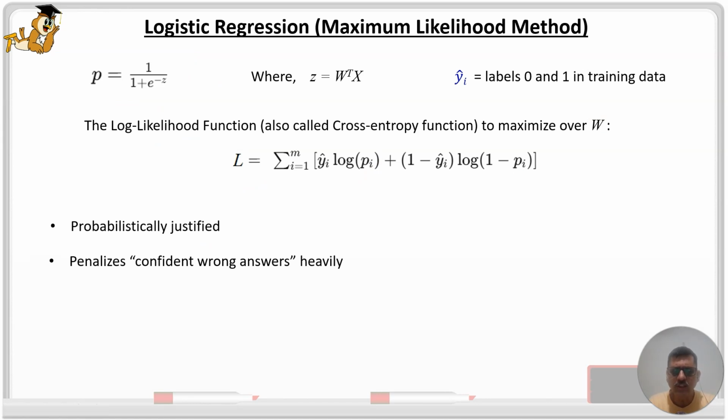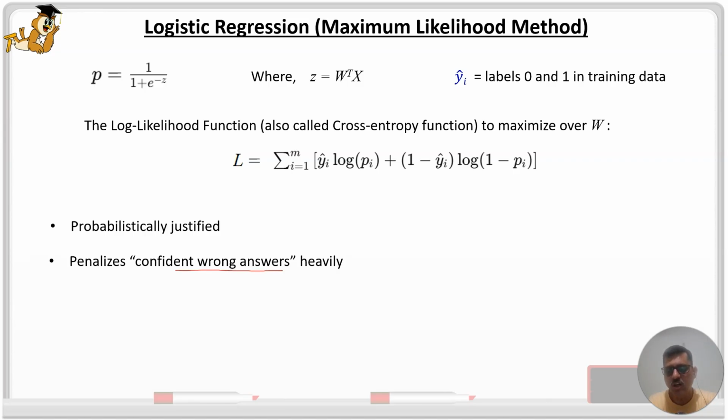This choice of function penalizes confident wrong answers heavily. Now, what is your nightmare scenario? Your nightmare scenario is where your classifier confidently predicts something that is supposed to be yellow to be blue with a high level of confidence.